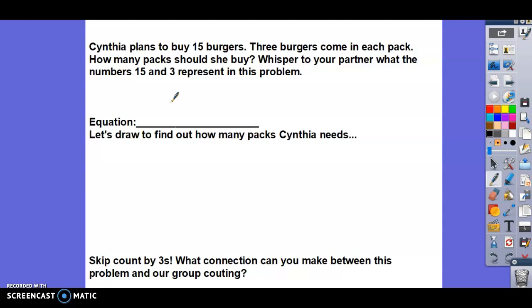So here's what I want you to do. Whisper to your partner, who you're sitting beside right now. Whisper what the 15 and the 3 represent. Go.